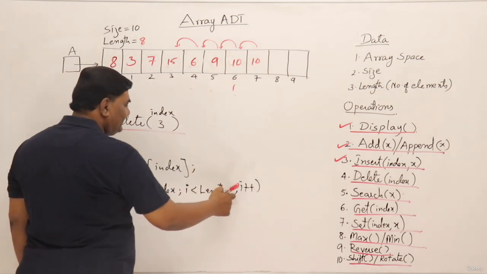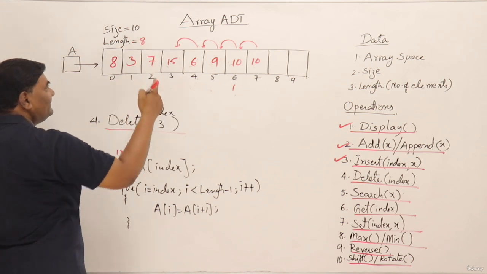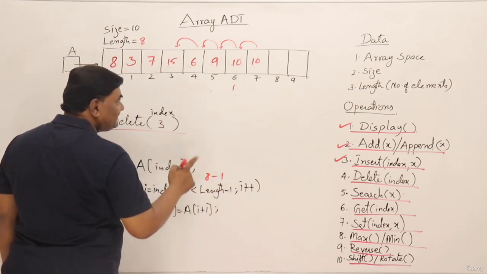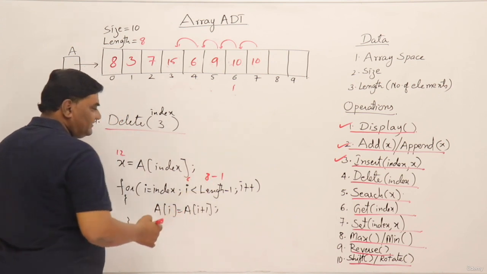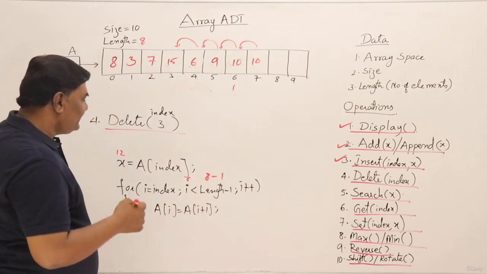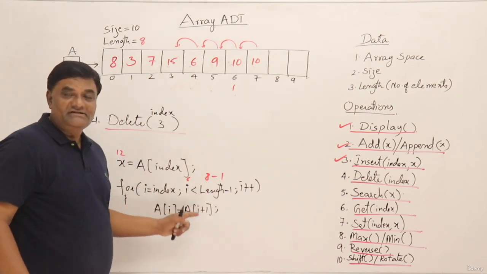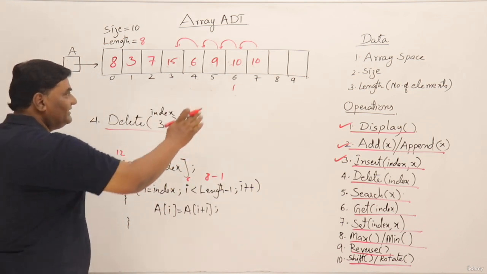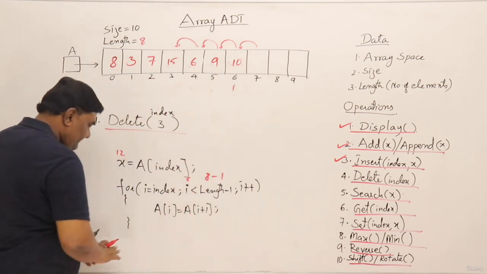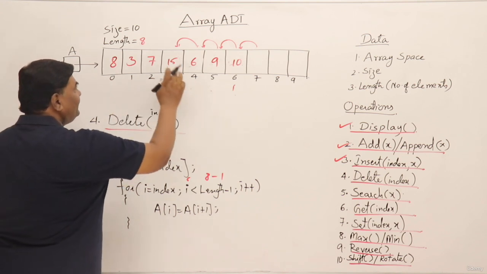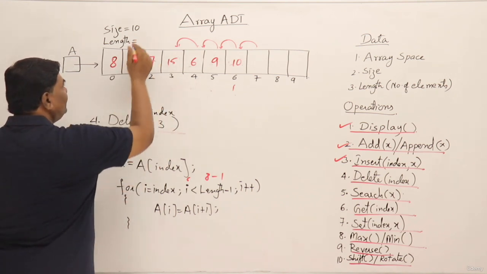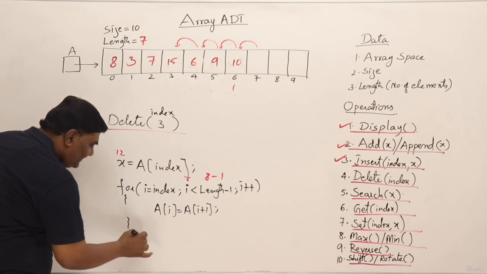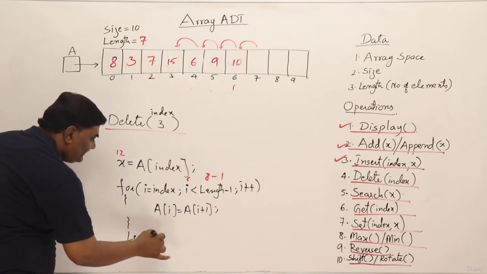Yes, i is less than length -1. Length -1 is 8 minus 1, that is 7. So i is 6 now. 6 is less than 7. If it becomes 7, it will stop. So this has shifted all the elements, and this element is removed. Now as the number of elements has reduced, this should become 7. So here I should decrement the value of length, length minus minus.